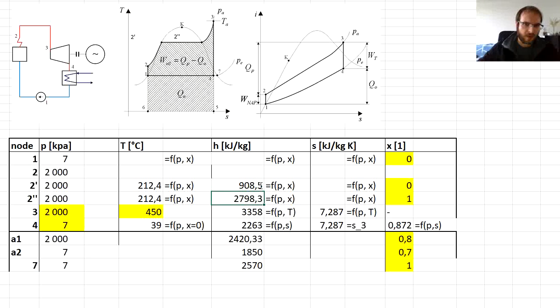Now let's do the same thing for the point number 1, the saturated liquid at the low pressure.